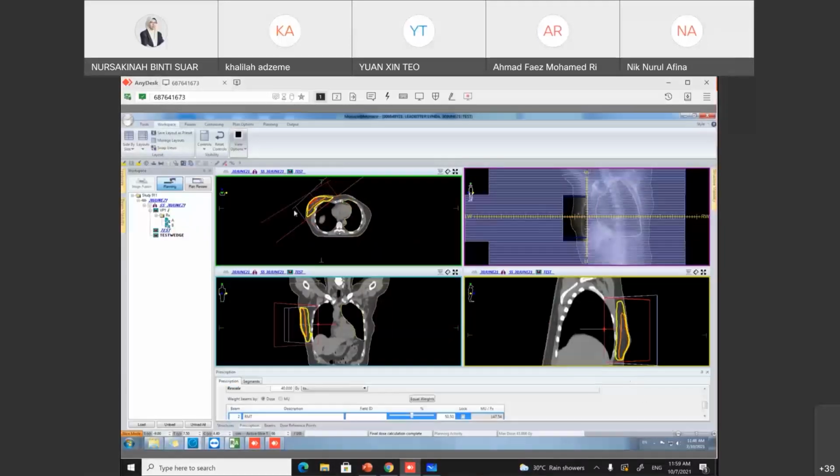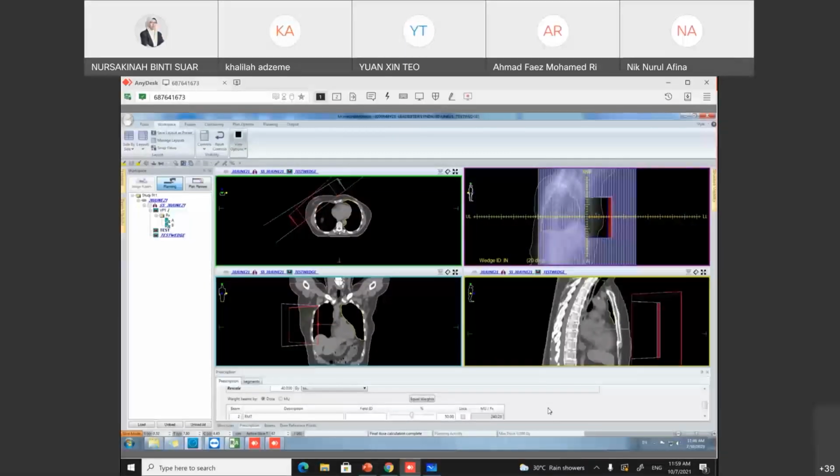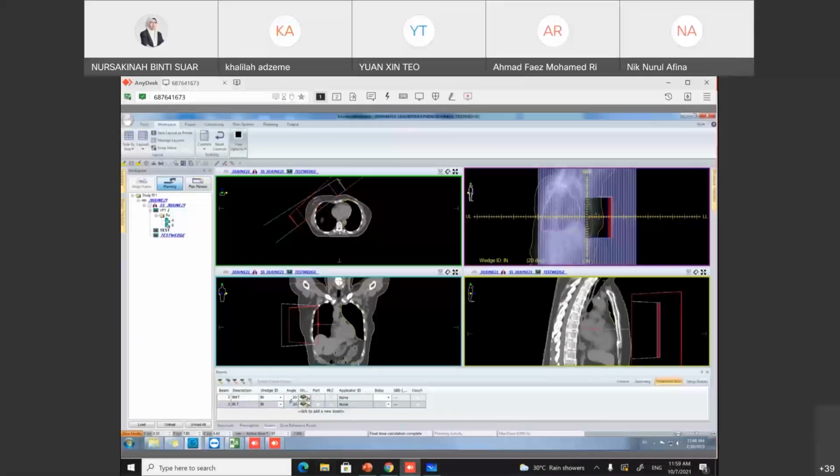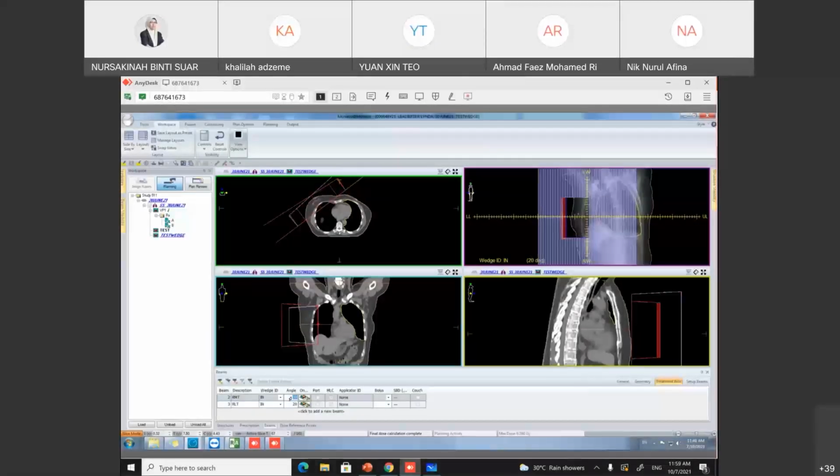So for this plan, I already pre-put in the wedge. So how do we justify the wedge angle? When we plan, remember just now the physical wedge is only 15, 30, 45, and 60.